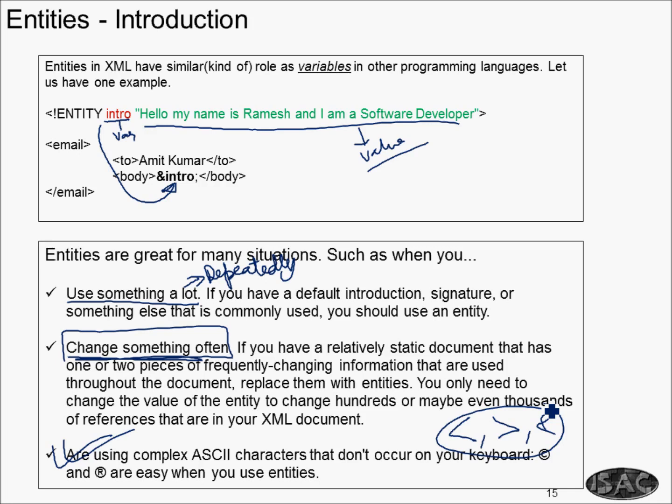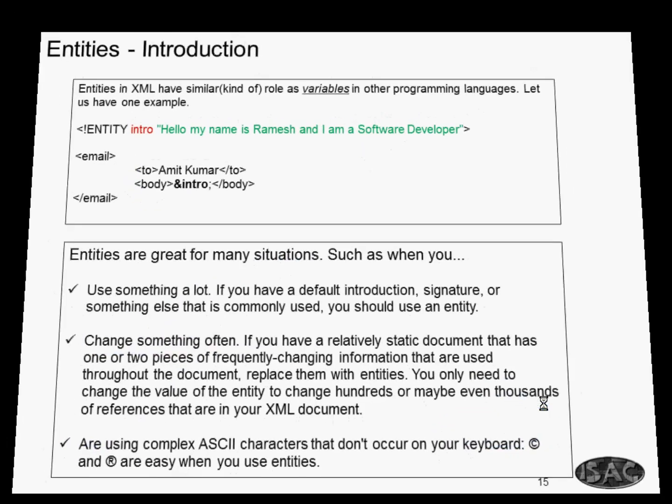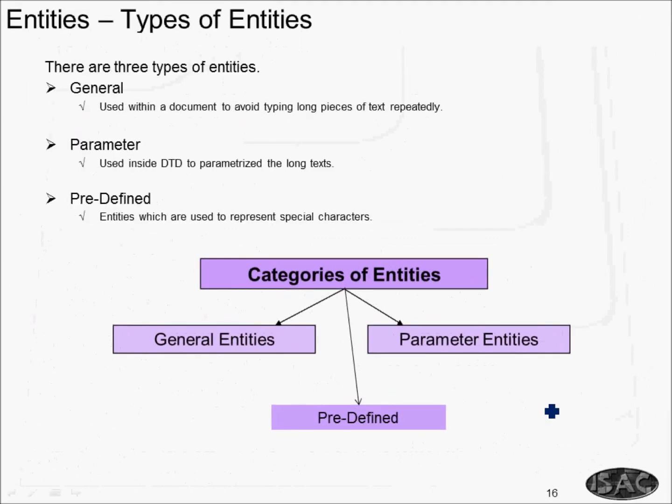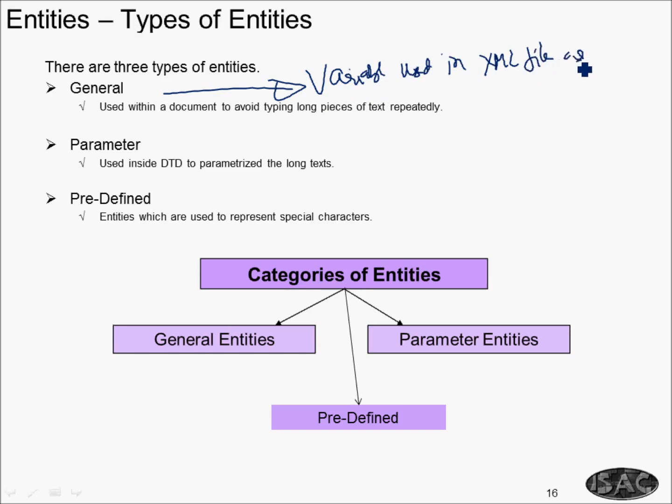Now we'll go deep into each of these entities and see how to categorize them and understand them. So basically there are three ways to look at entities. There are three types of entities in an XML file. One is called general, another is called parameter, and the third is called predefined. What is general? It is very simple. It is just a variable used in an XML file as data.